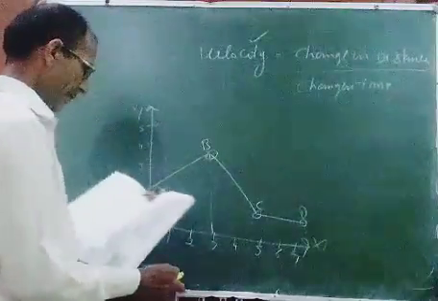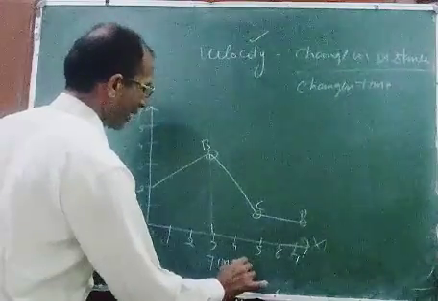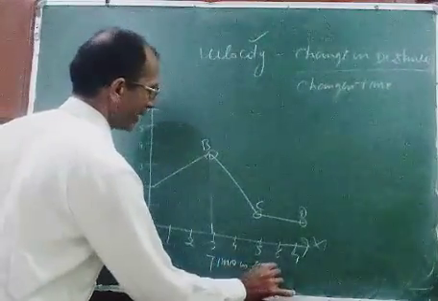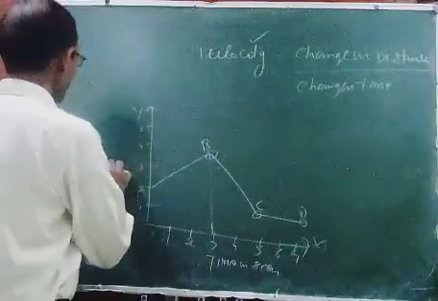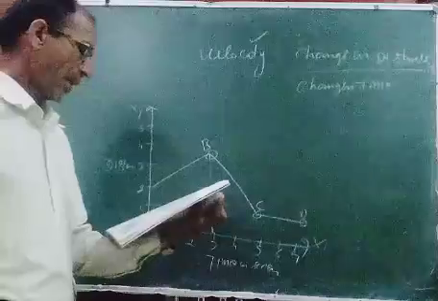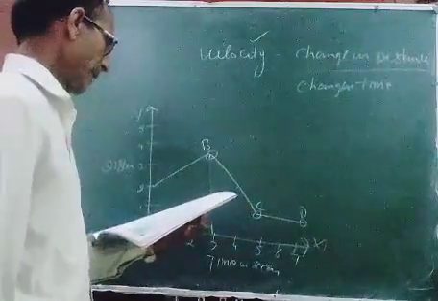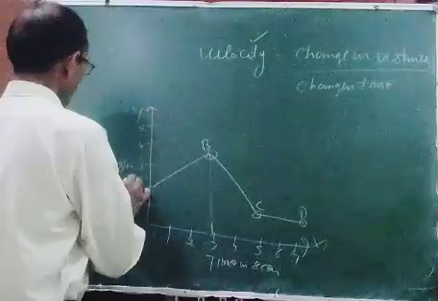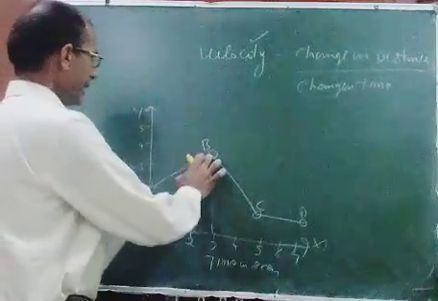Now this is written time in seconds, and this is the distance of the object in meters. So this is 2 and here is 3.